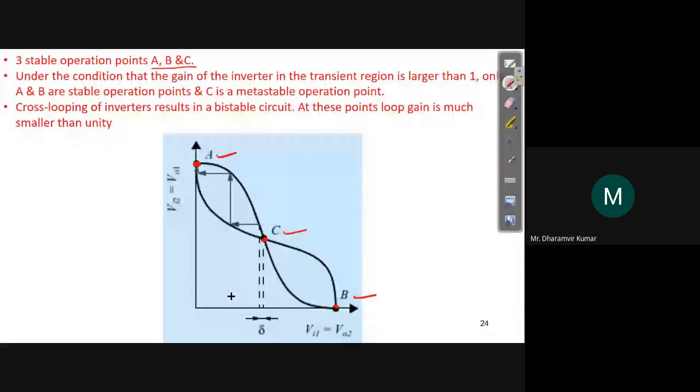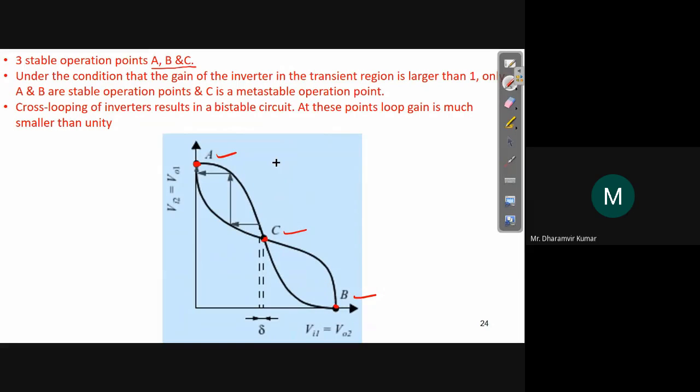Otherwise, whenever you switch to any other region apart from these 3 stable points, the circuit behavior may not be stable, and it will keep on changing. Ultimately, it has to settle to some stable point: A, B, or C. So the stable points of operation are A, C, and B. This is the characteristic.